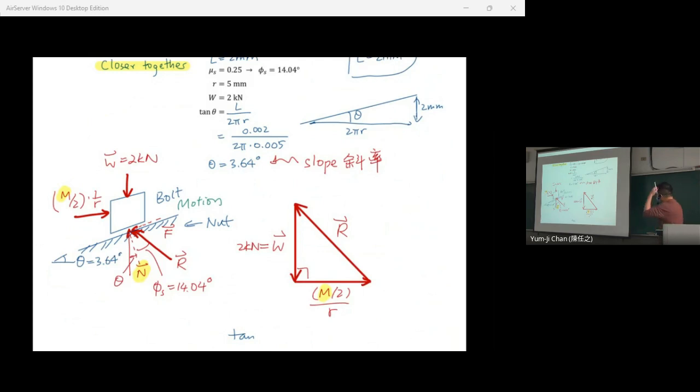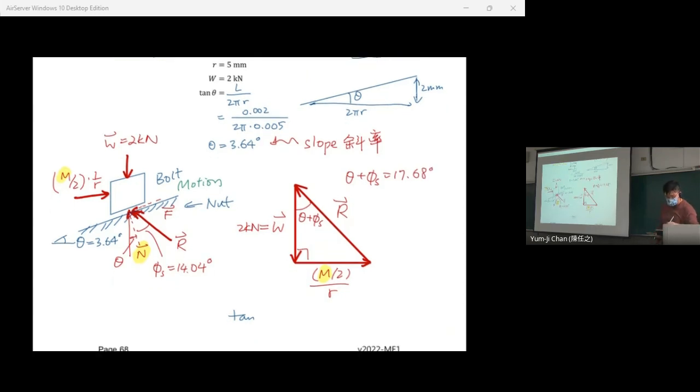For this triangle, this angle is equal to theta plus phi s, which is 17.68 degrees.